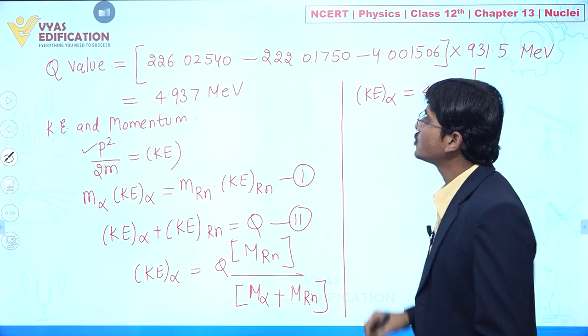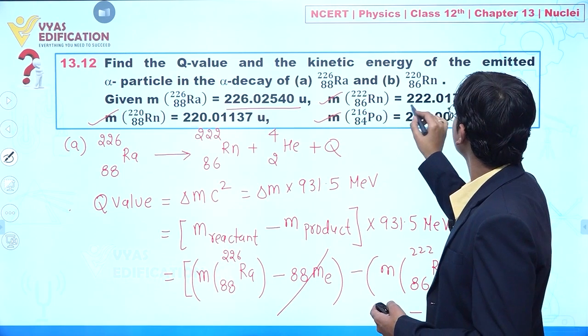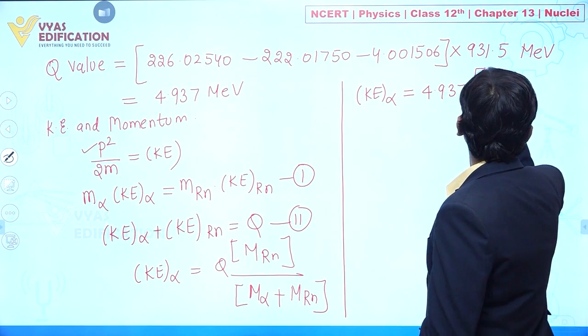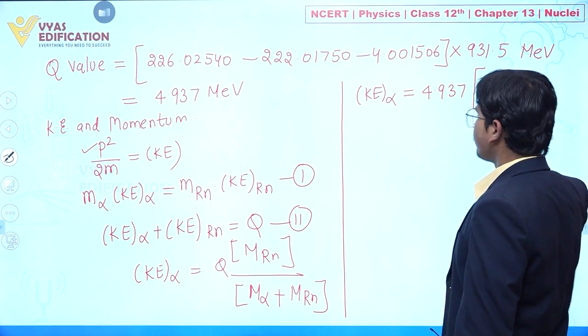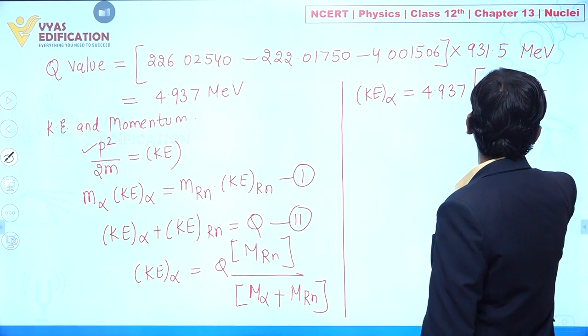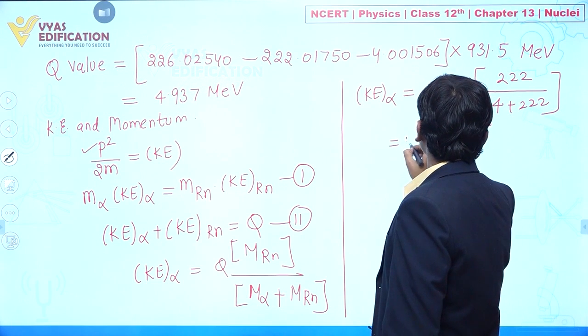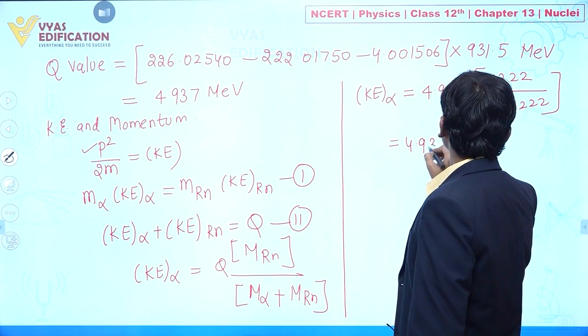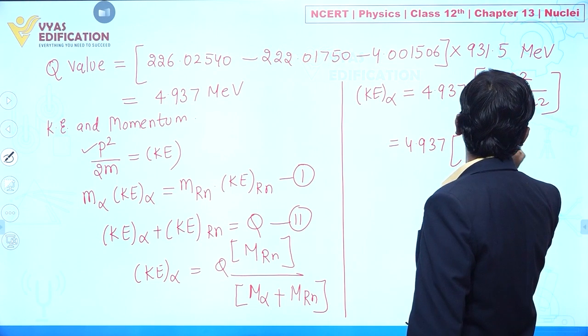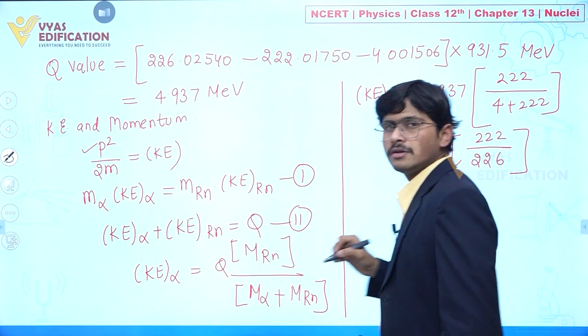Now what is the mass of radon? It is given to you, this is equal to 222. So approximately I am writing 222 divided by, what is the mass of alpha particle? I am taking it as 4, plus 222. So now we can write: 4.937 times 222 divided by 226, yes or no?